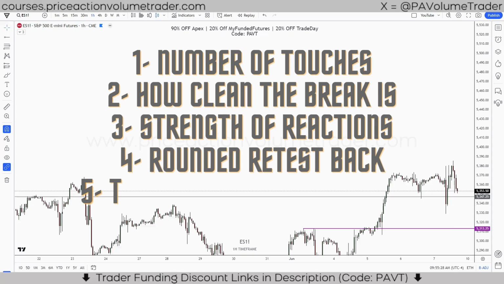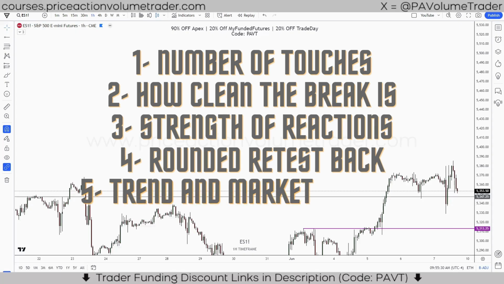And then the last factor is just general trend and market structure. This is going to be more for future retests. I'm going to be using the overall trend and how the structure is to determine if we're coming back into a level that meets all the good requirements, if I want to look to get in and participate at those levels.